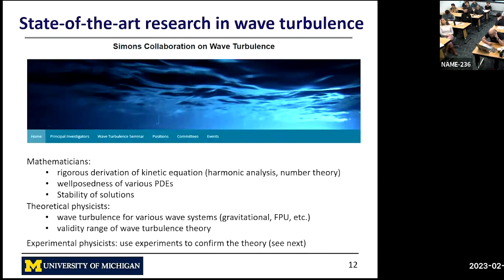The first thing they are interested in is the rigorous derivation of the kinetic equation. The previous derivation by Hasselmann, later generalized by Zakharov, is not rigorous. They call it a physicist's derivation. They need to make certain assumptions, some of which are not very realistic.